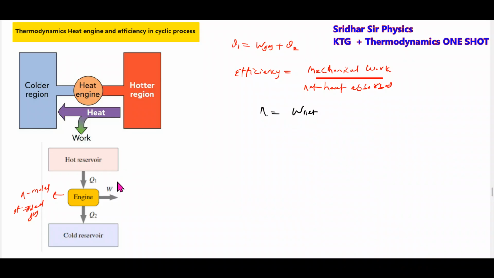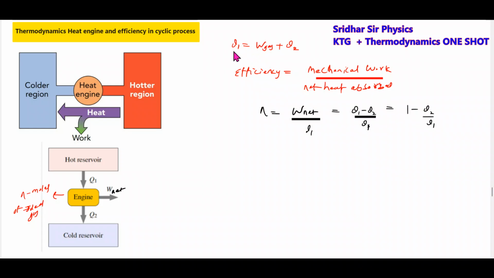Net work done by the gas by net heat absorbed. Net heat absorbed will be Q1. So this will become Q1 minus Q2 by Q1, which is 1 minus Q2 by Q1.